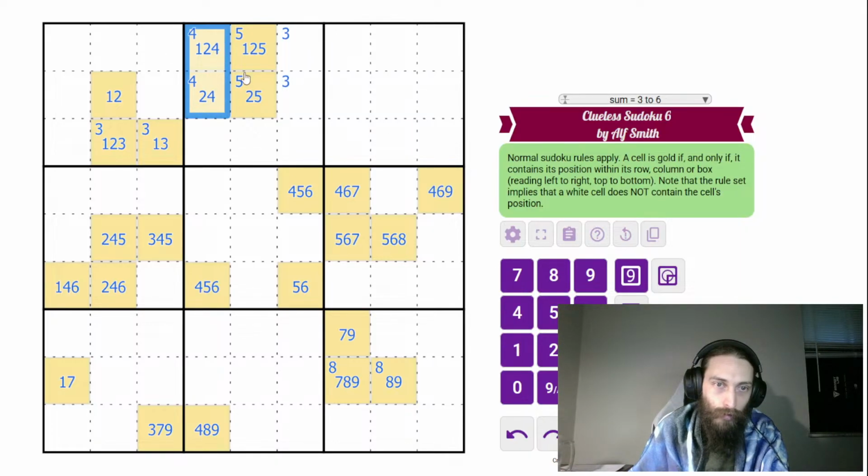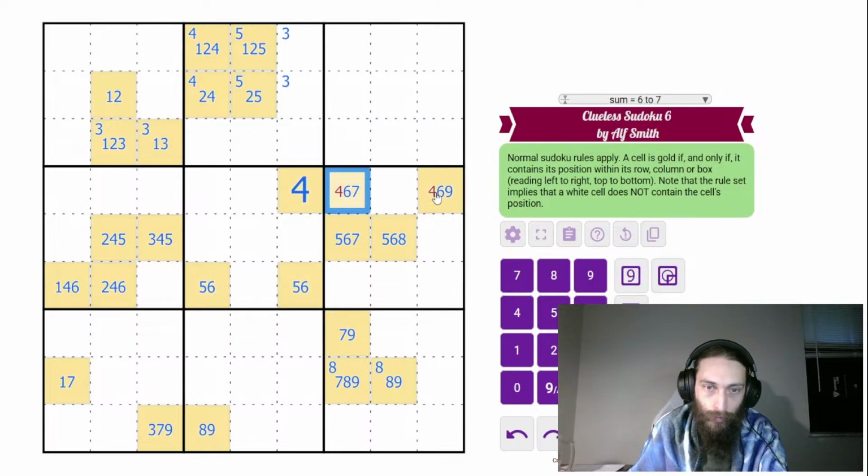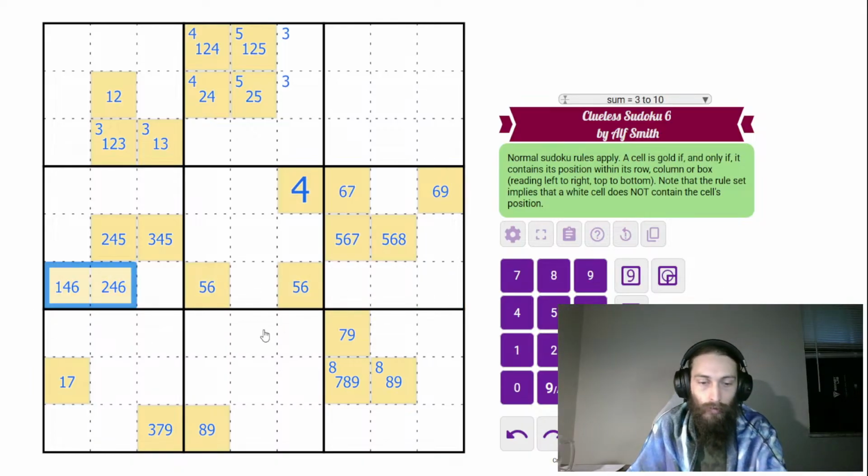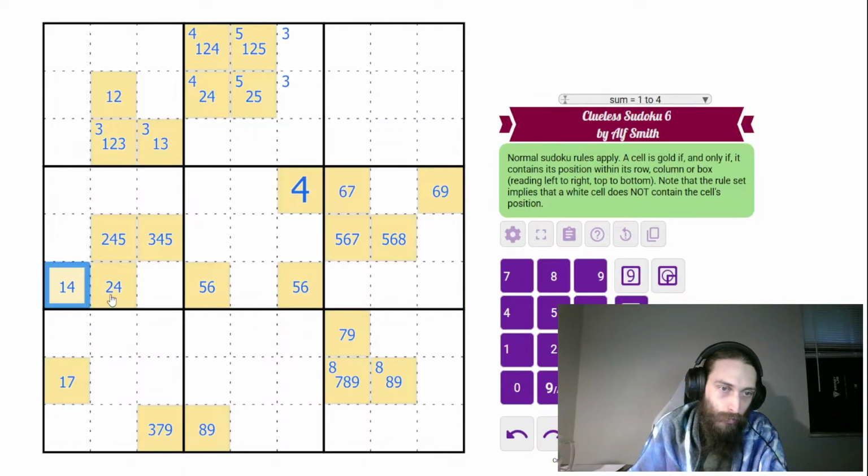4 has to be one of these two. So these two can't be a 4. That gives us a 5, 6 pair, a 4 out of those two. 6, 7, 8, 9. There's also an extra 5 in there, so that's a bit annoying. But the 5, 6 pair takes the 6 out of those two. 1, 2, 4, 5, but there's a 3 in there.